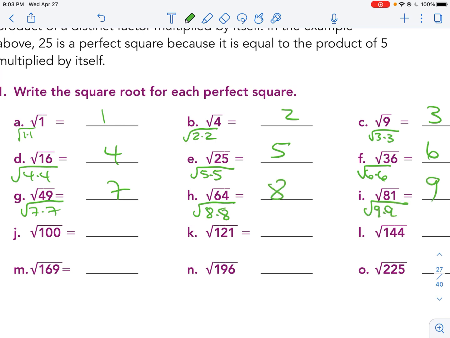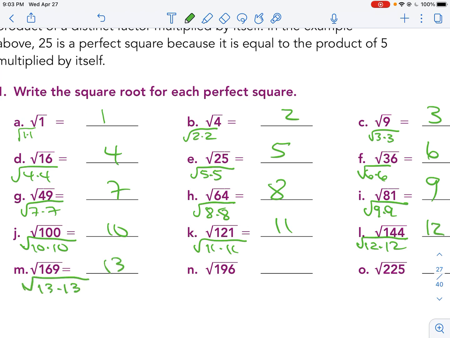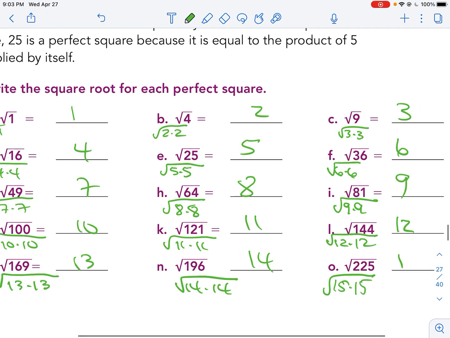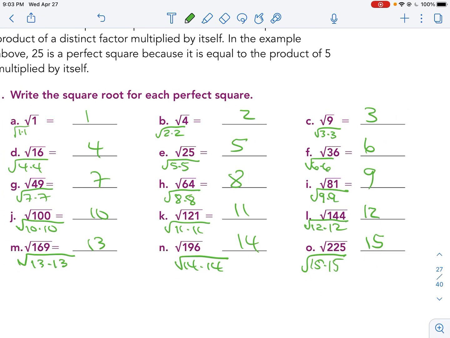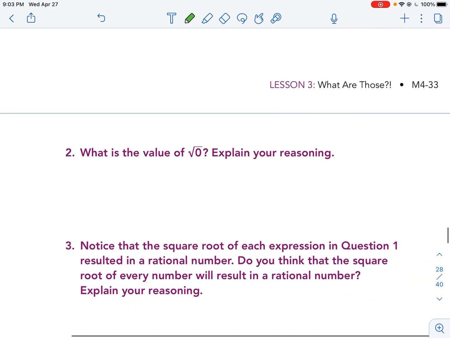Are you getting the hang of this? Okay. 13 times 13. 14 times 14. And 15 times 15. Okay. Those are ones that you definitely should know off the top of your head.